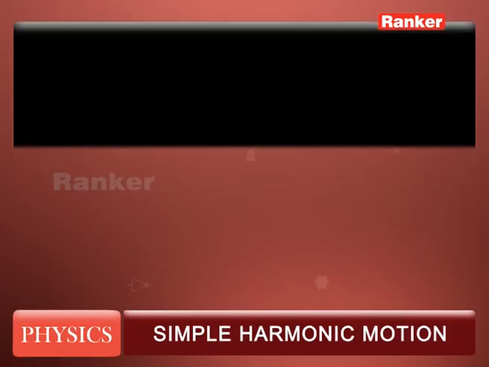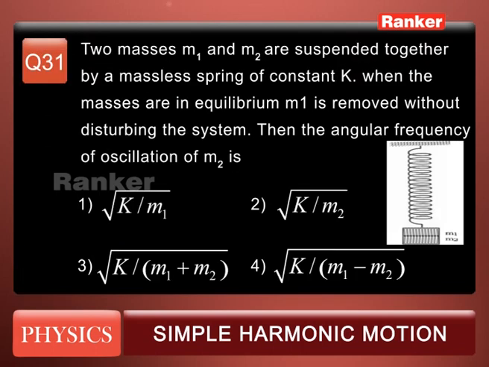Question number 31. Two masses M1 and M2 are suspended together by a massless spring of constant K. When the masses are in equilibrium, M1 is removed without disturbing the system.